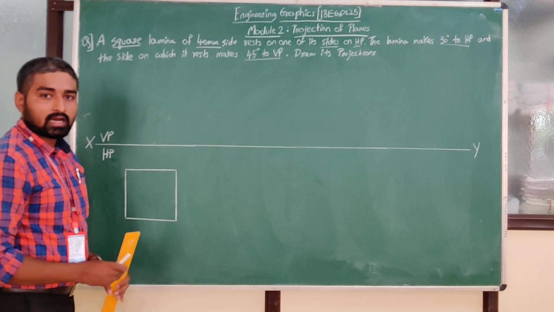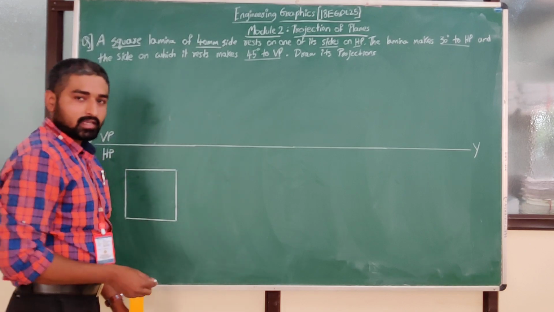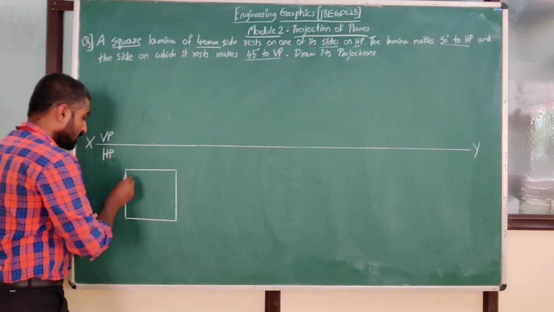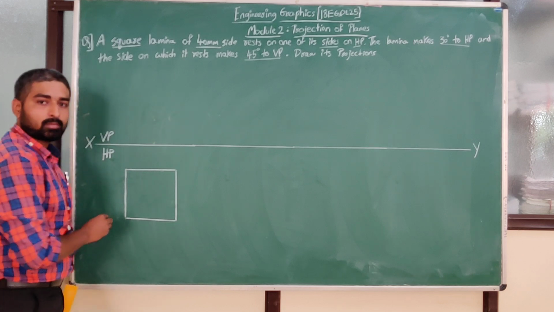I have drawn a square lamina as stated in the question, saying it is resting on the edge. Now this is one edge, so I am going to leave it from my left hand side.